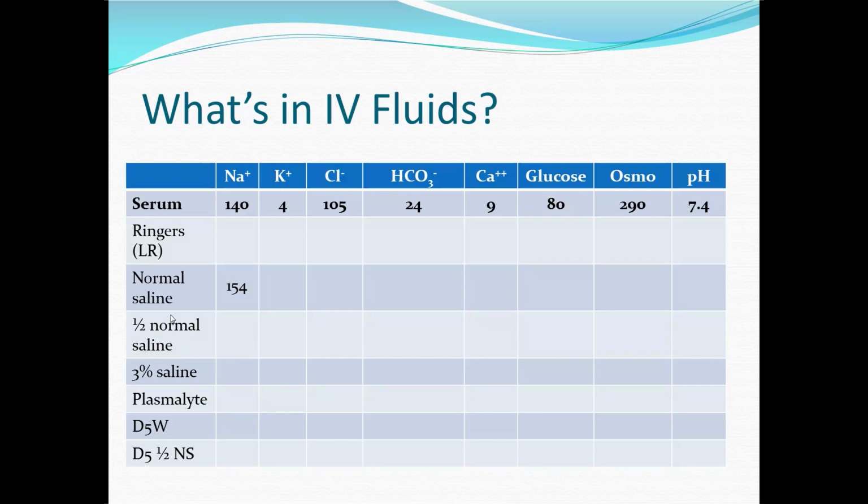And normal saline has quite a bit more sodium than normal serum, and an equal amount of chloride. And of course, no potassium, bicarb, calcium, or glucose. Its osmolarity is 308 with a pH of 5.6. That's an eye-opener for a lot of clinicians, that the pH of normal saline is quite low.